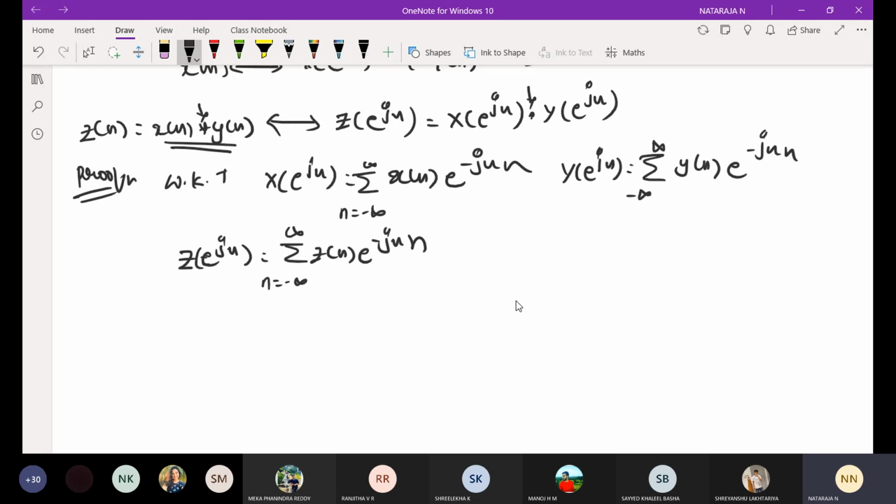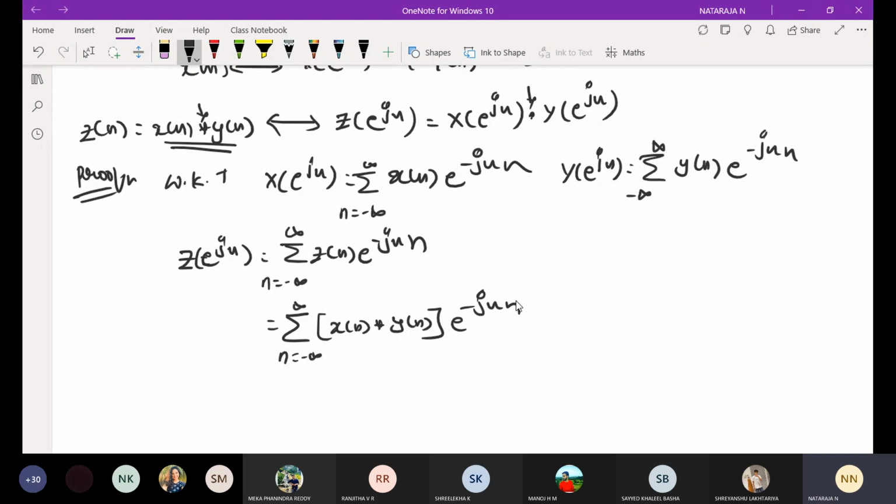Z of n will be x of n convolved with y of n, so we replace z of n in terms of x of n convolved with y of n, times e power minus j omega n.